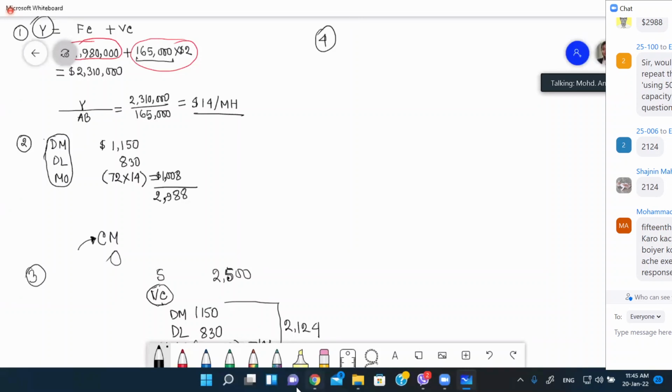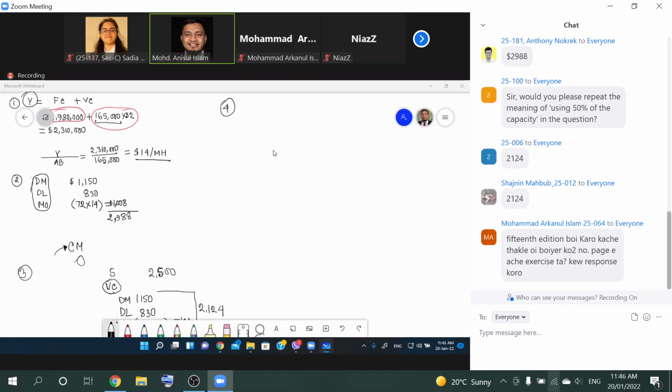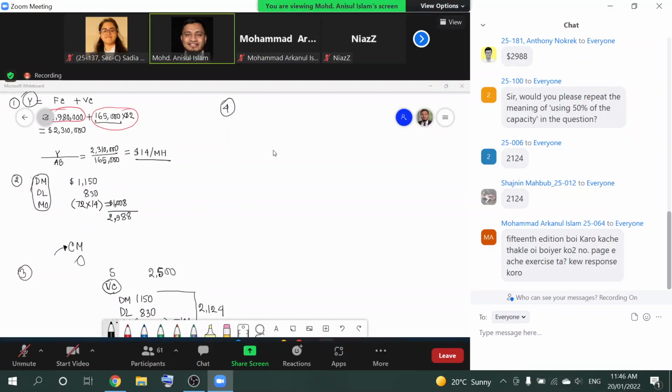This plant has capacity for running 330,000 machine capacities.